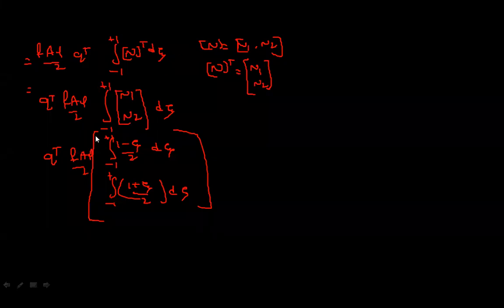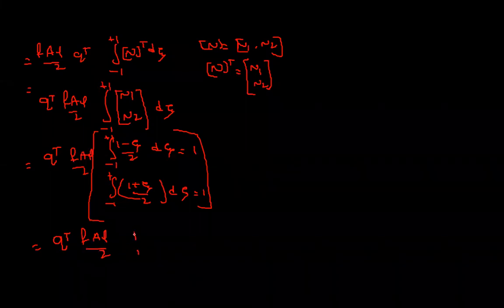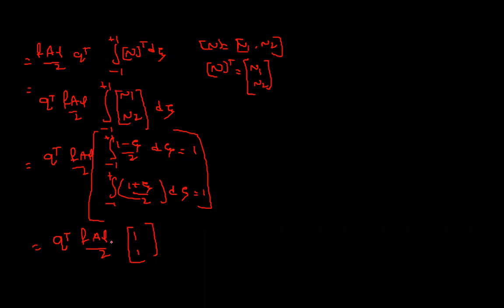So if you do the integration with respect to d zeta and put the limits -1 to +1, you are going to get that this is equal to 1 value, and the bottom also you are going to get the value equal to 1. So therefore, it is possible to define that Q transpose is equal to rho into f into A L by 2 times 1 comma 1. So this would be the body force term for a given one dimensional member.